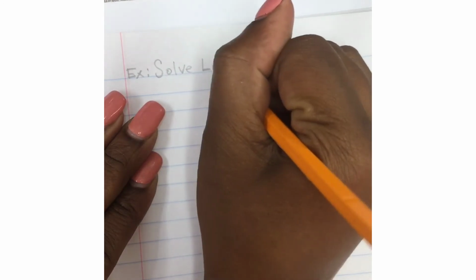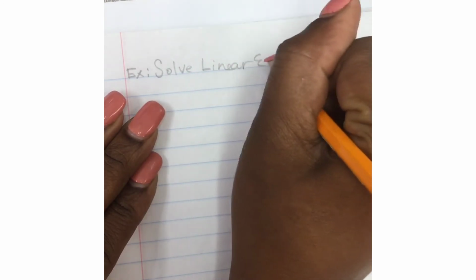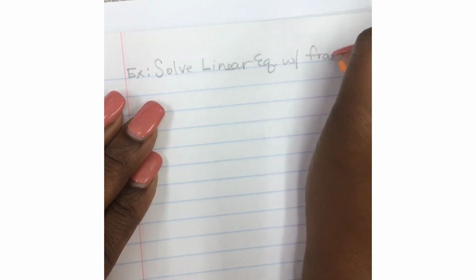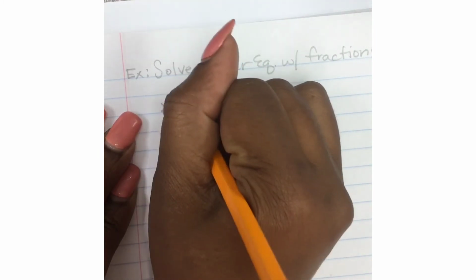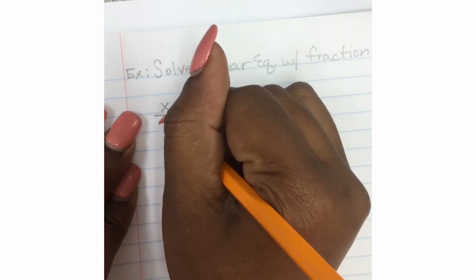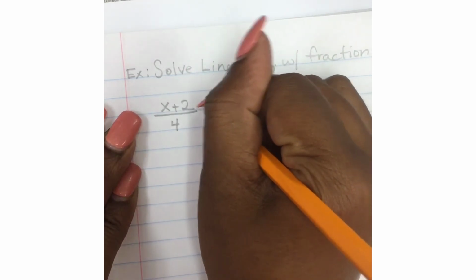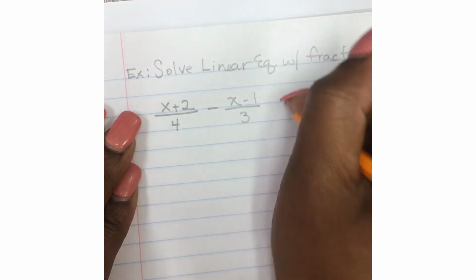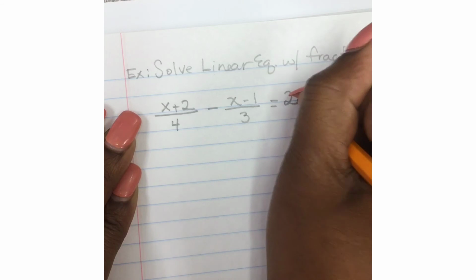And so example 3, we're going to solve linear equations with fractions. And we have x plus 2 divided by 4 minus x minus 1 divided by 3 equals 2.